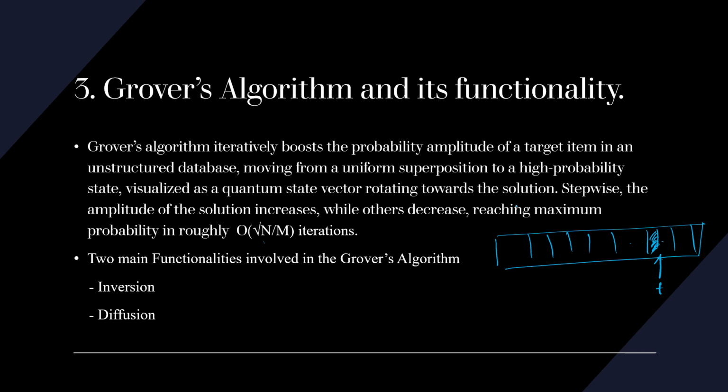Grover's algorithm makes the amplitude of the target state increase and the amplitudes of the other states decrease. Grover's algorithm does this kind of phenomenon. To do this, there are two main functionalities: one is inversion and the other is diffusion. Let's talk about the two steps briefly.